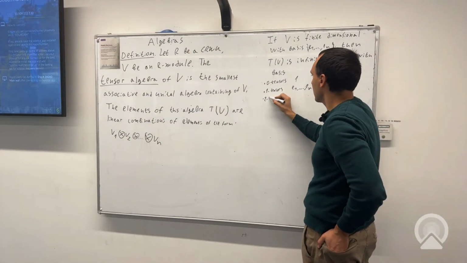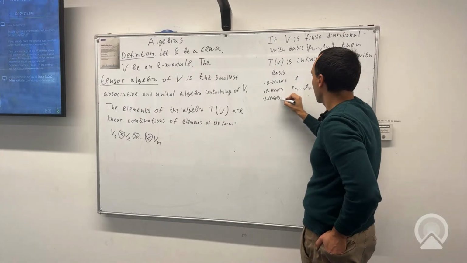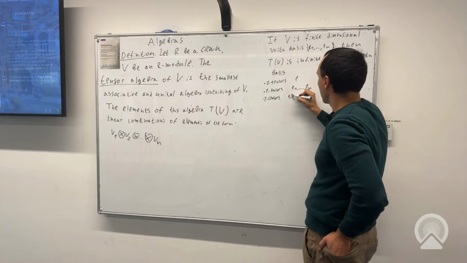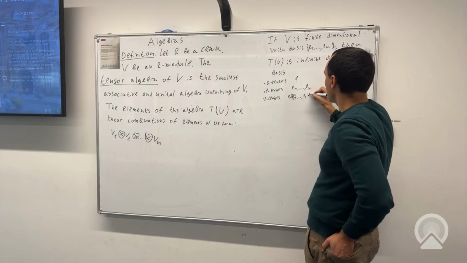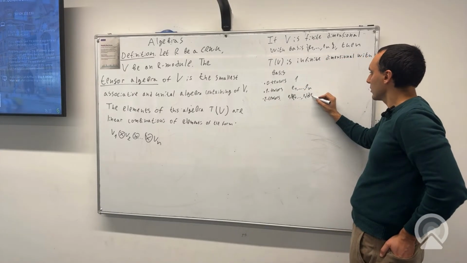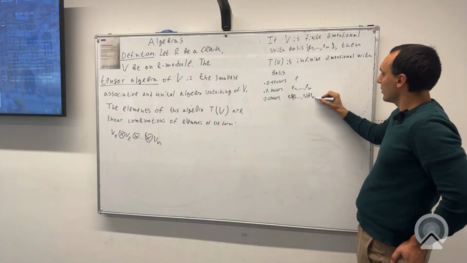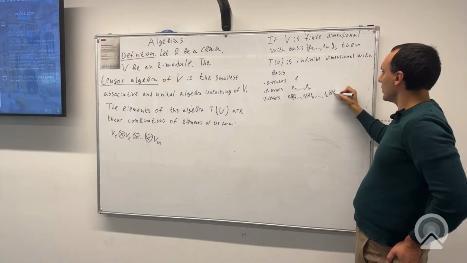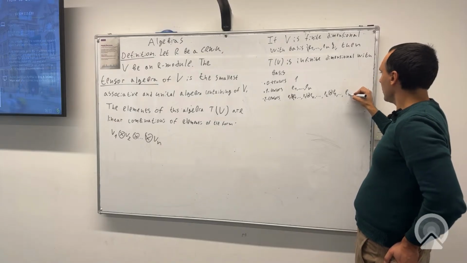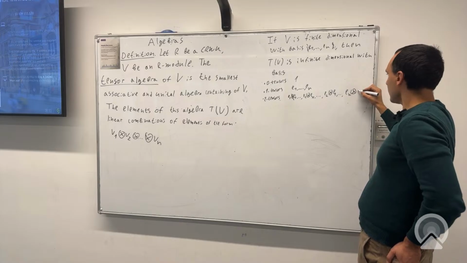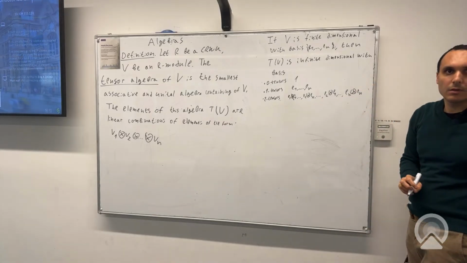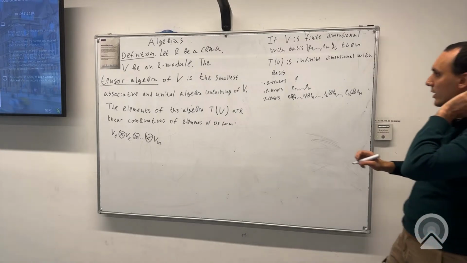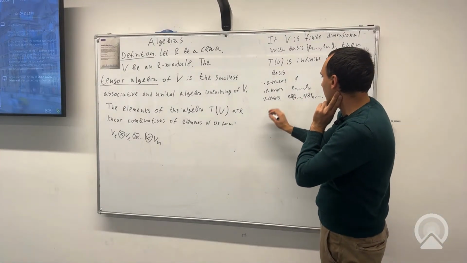Two tensors are E1 times E1, E1 times En, and then we have En times E1, En times En. And so on.